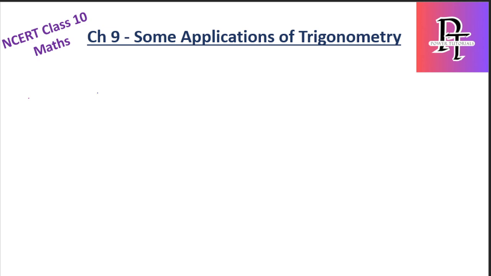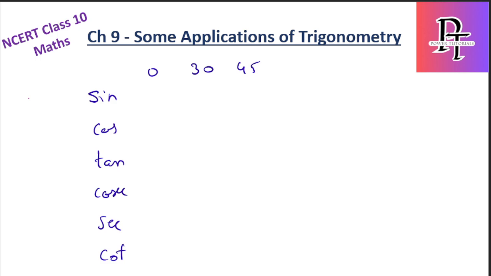For starting, sine; the second trigonometry ratio is cos, third is tan, then we have cosecant theta, then secant theta, and the last one is cot theta. Then the angles 0, 30, 45, 60 and 90 degrees. Let us draw a table so that you can easily read it.